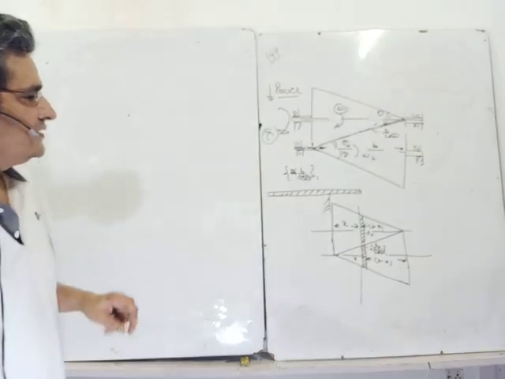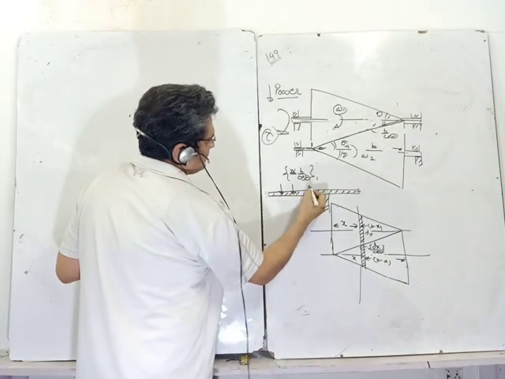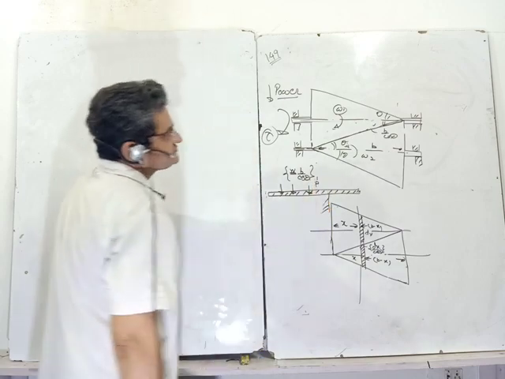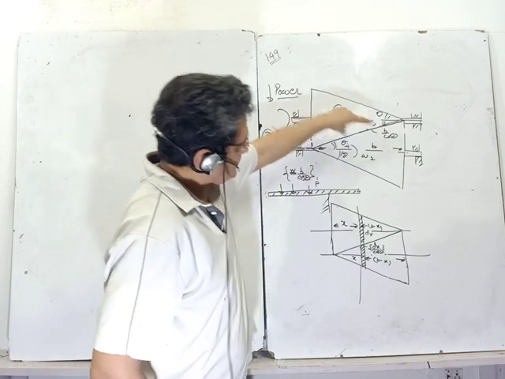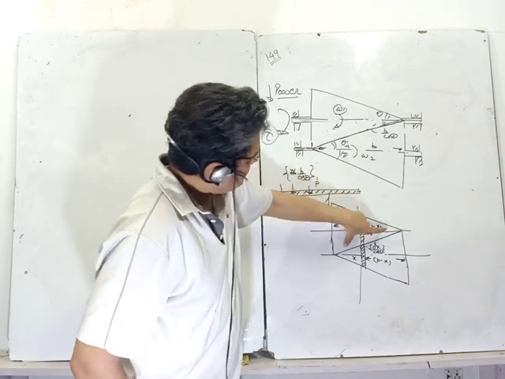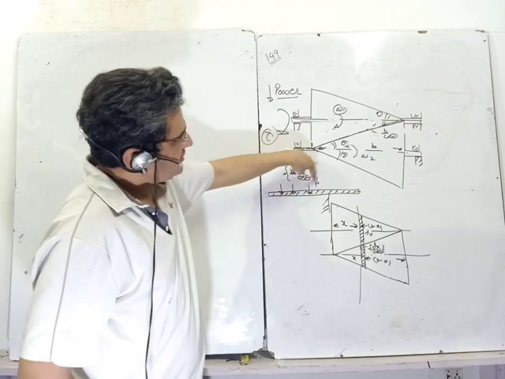If the average pressure here is P, if all through the pressure is P, and the total length was B upon cos theta, this was the total area of the strip.